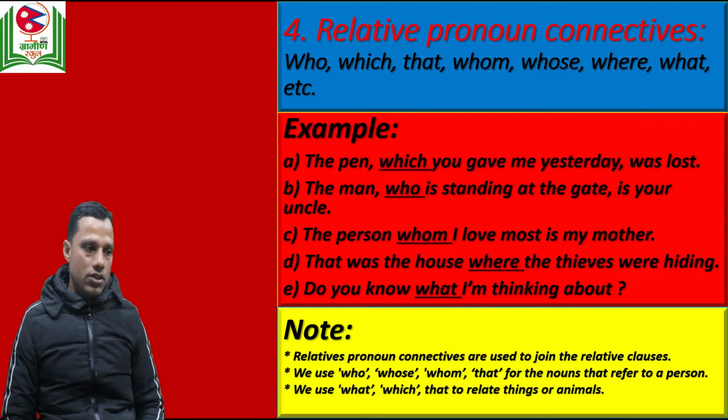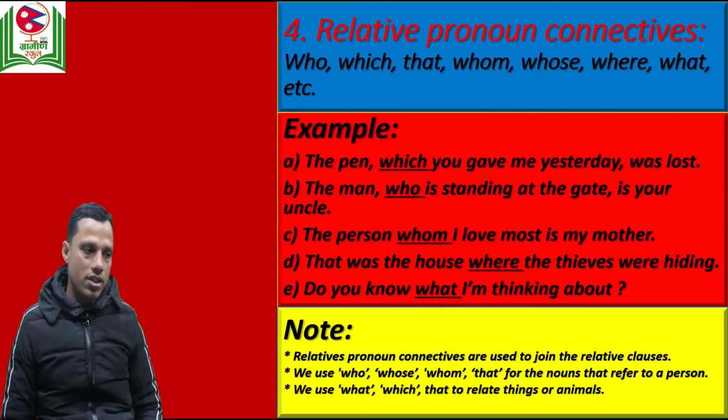Now we'll move on to the next type of connectives, that is relative pronoun connectives, right? So do you have any idea regarding this type of connectives? Can you tell me what kind of words are used under relative pronoun connectives? Yes, you're right.